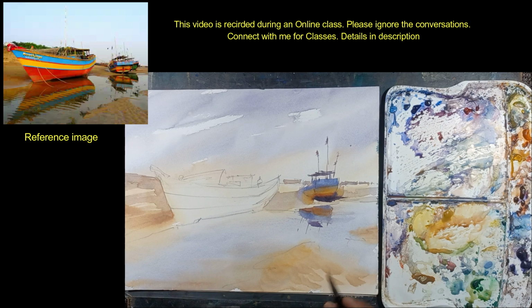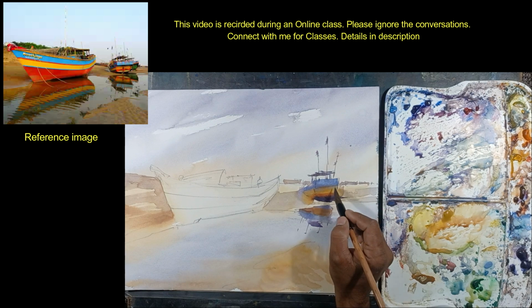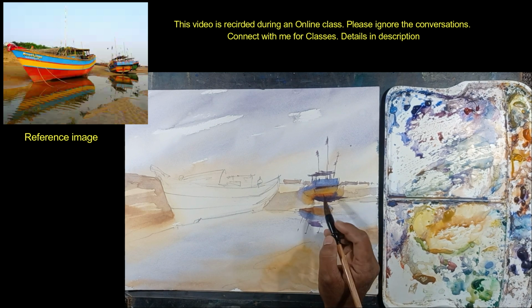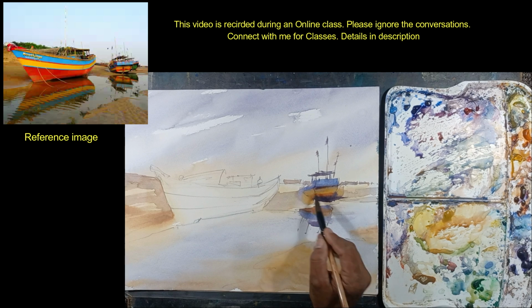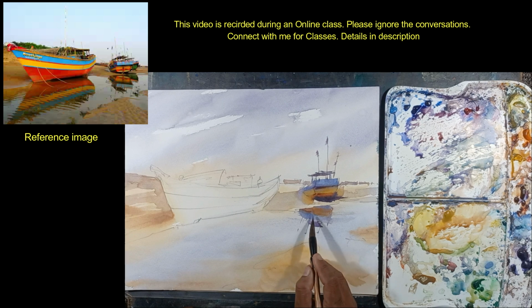How will you know whether wind is blowing or not? By seeing the flags, right? These flags give a sense of motion, they give a sense of direction. Understood? So I'm just using a little bit of dry brush, like this, for the boats, to capture the boat's details.